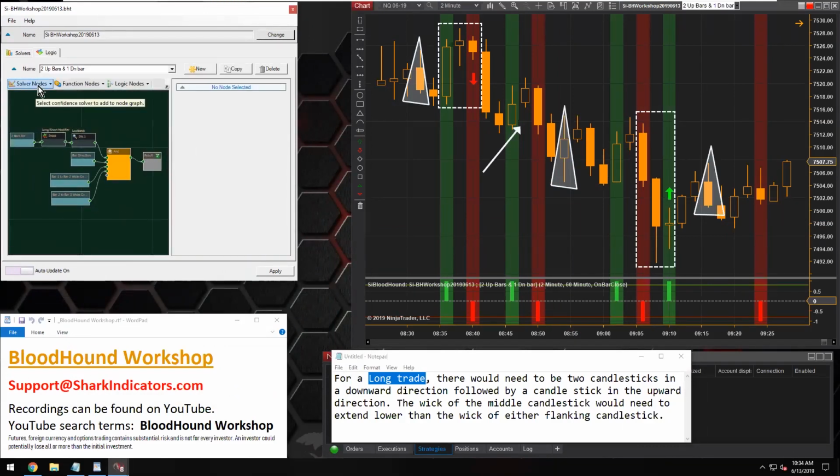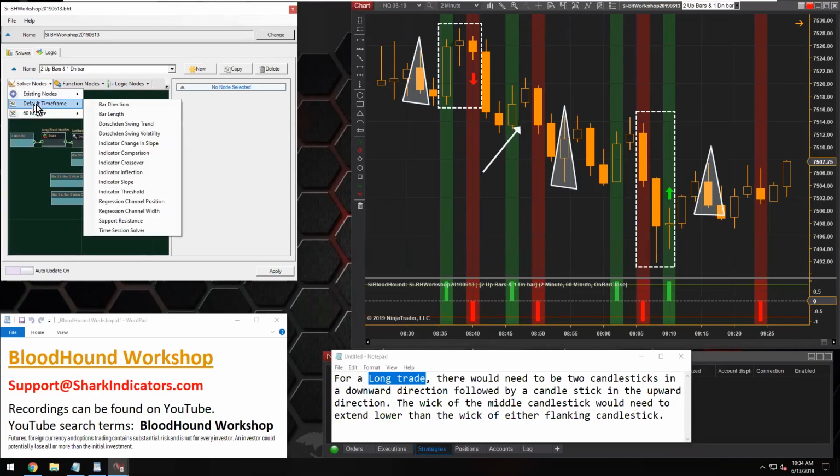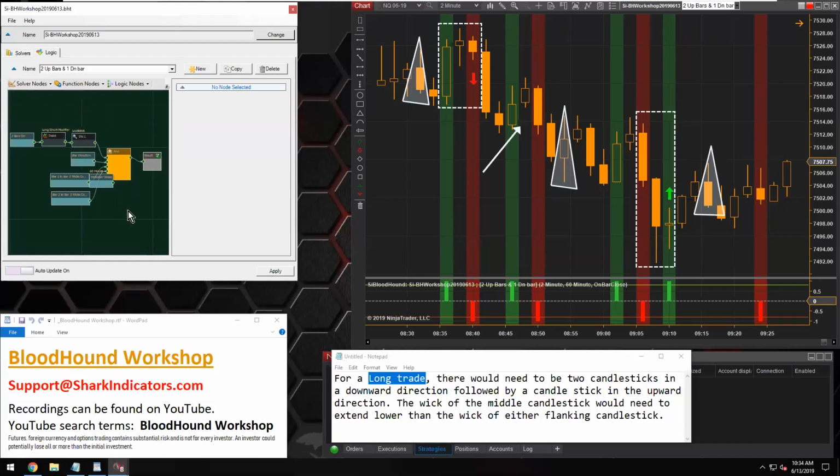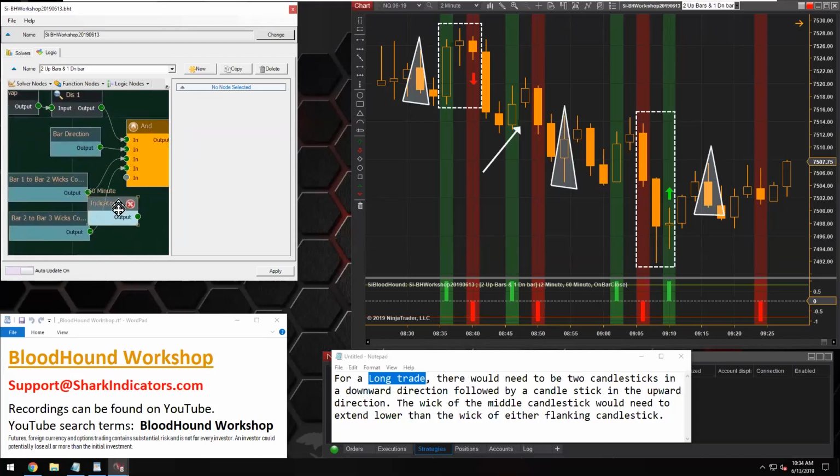Now if we go to the solvers node, we have the chart's default time frame, and then we have the 60-minute time frame as well. So let's grab a slope solver, because we're going to be looking at the slope of the 14 EMA. Scroll in here. There it is.